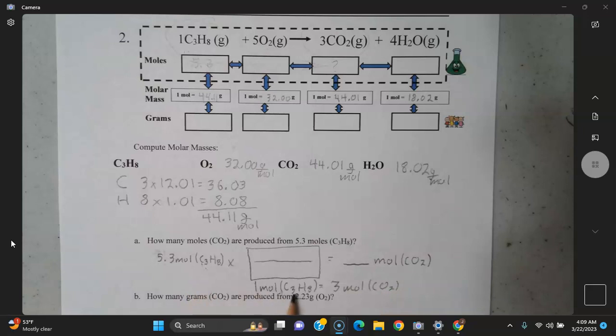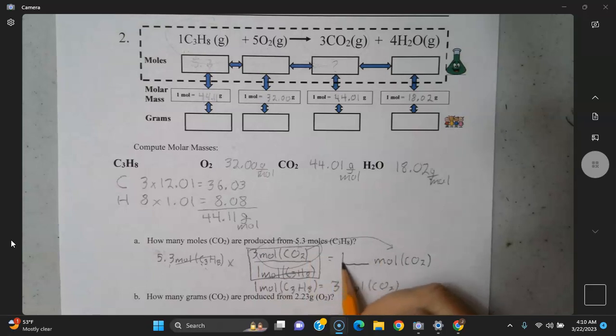Okay, we need moles of C3H8 on the bottom because of that, so we'll put it down there. Okay, and this cancels. So we have 5.3 times 3 divided by 1. The last man standing, by the way, is moles of CO2, so that's going to be 15.9 moles of CO2, and that's our final answer.